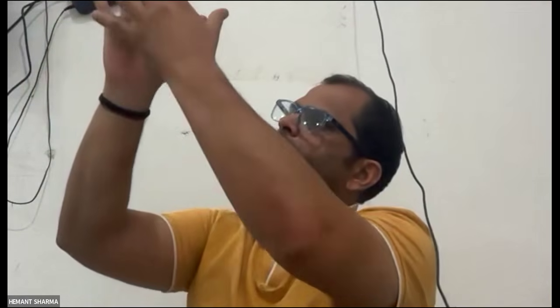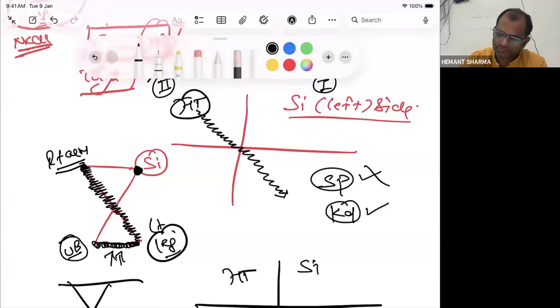So if we do the comparison, if the head is here, then this is the neck; if the head is here, then a little down is the neck. Okay, this is easy for me, so let me choose this. But both are right. You can do it as per your own understanding.